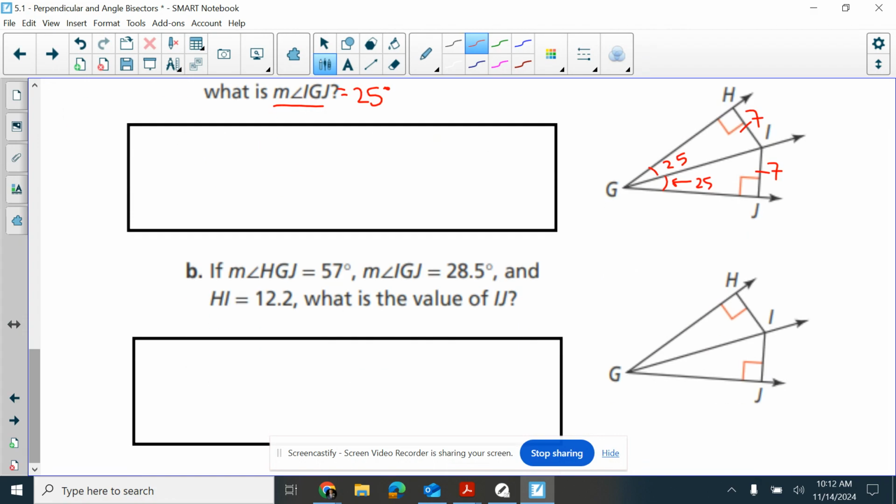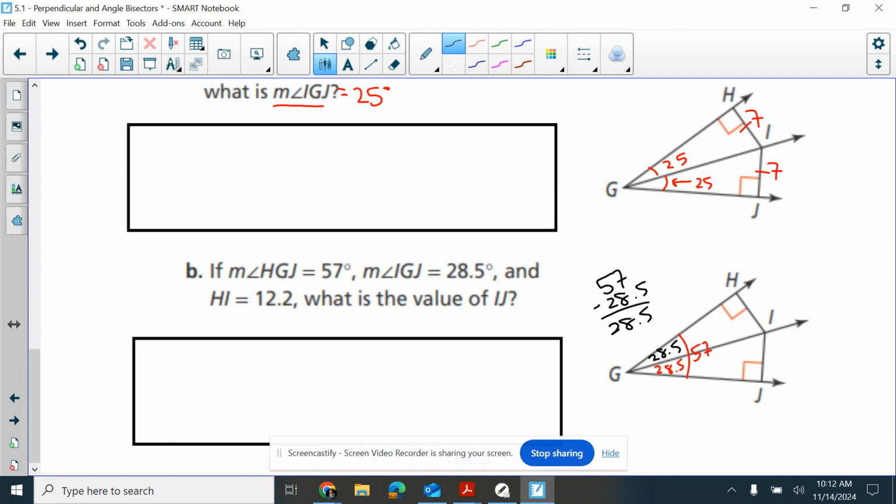Let's do one more of these together. HGJ is 57. This is saying that the whole thing is 57. IGJ, the bottom, is 28.5. What we want to figure out is whether this line is an angle bisector. So I need to figure out what the other half is. If I just subtract that, I get 28.5.